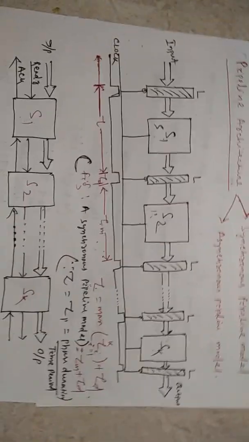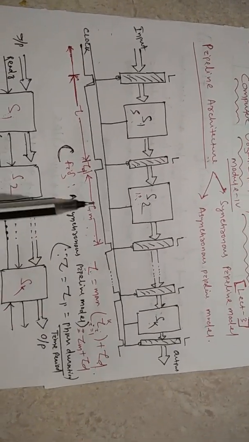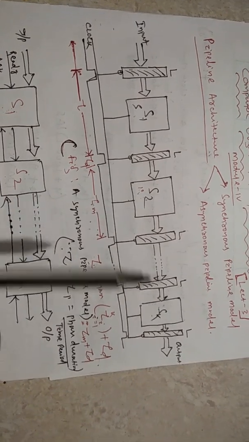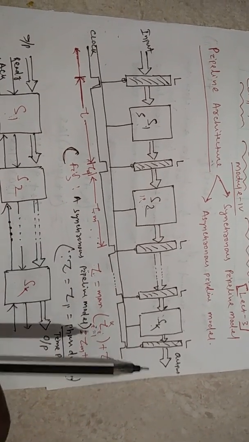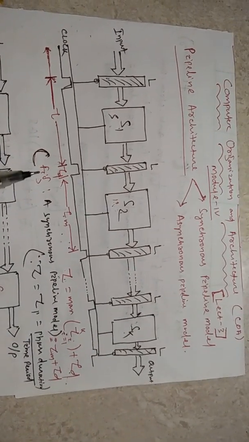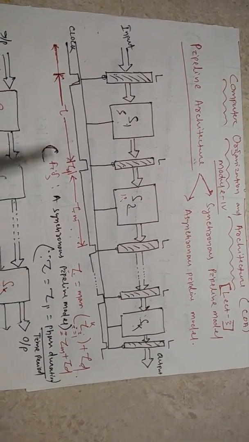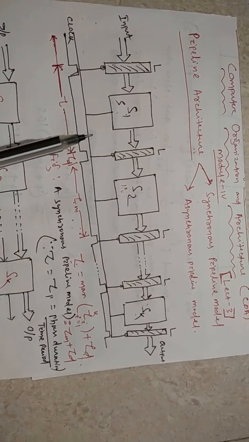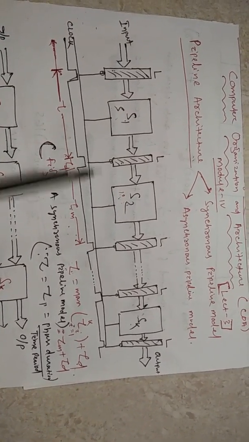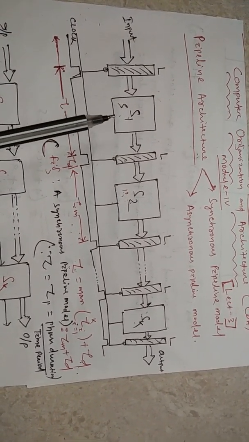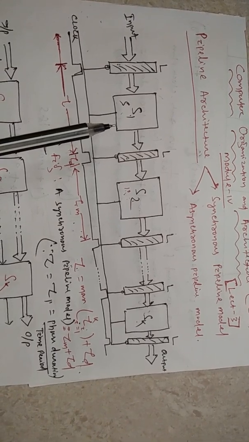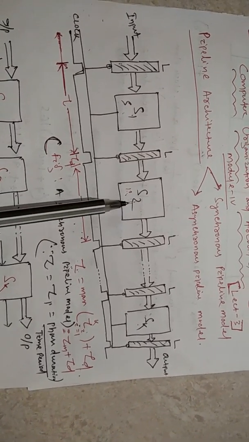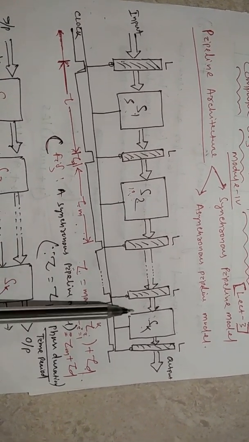So look, pipeline architectures are of two types: the synchronous pipeline model and the asynchronous pipeline model. In the synchronous pipeline model, everything is related to the clock pulses, and each latch works correspondingly with its phase to complete the instruction cycles.